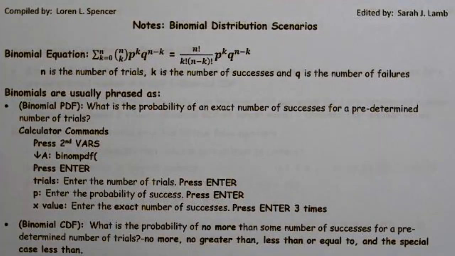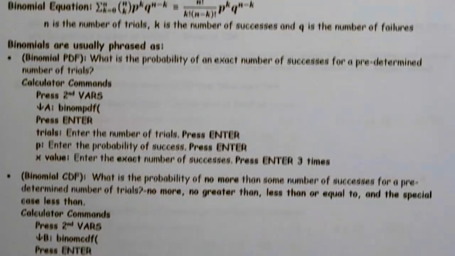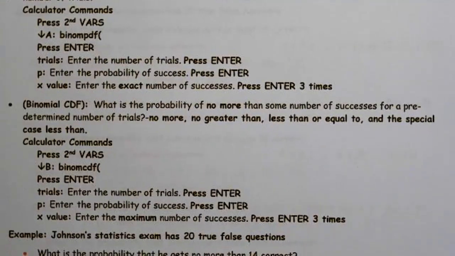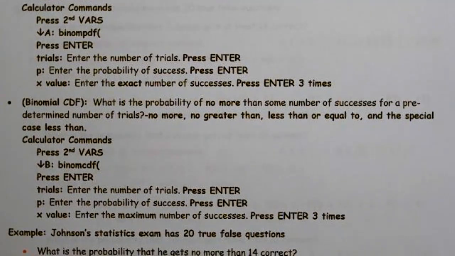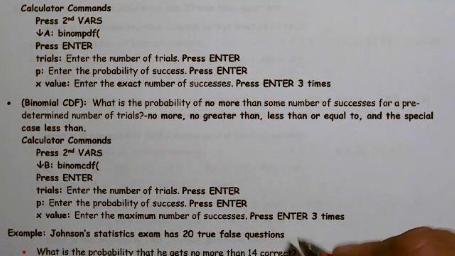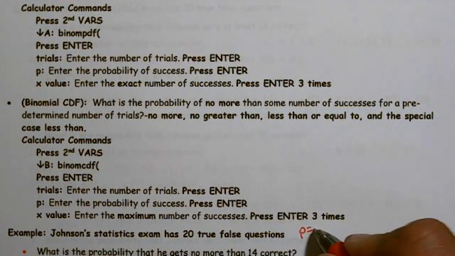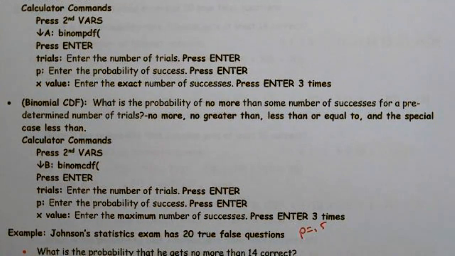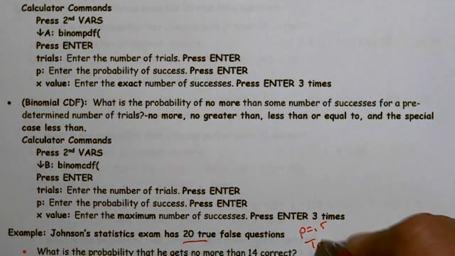Okay. So in this next scenario, we have a true false test, and Johnson is guessing on it. So the probability of guessing anything correct is 0.5. Basically it's either wrong or it's right, so yes, this is a yes-no situation. We have 20 questions, so our trials in this case is 20.